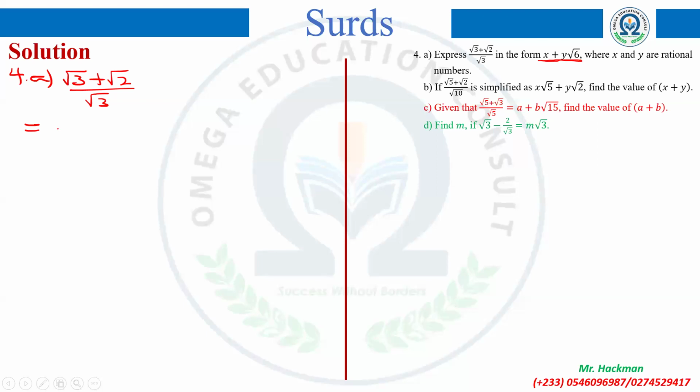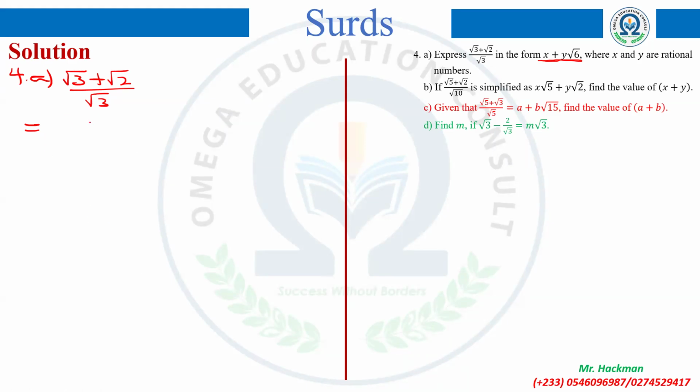Though you were not asked specifically to rationalize the denominator, you can see that there is a surd in the denominator. You should know automatically that once it contains a surd in the denominator, indirectly rationalization must be in play.